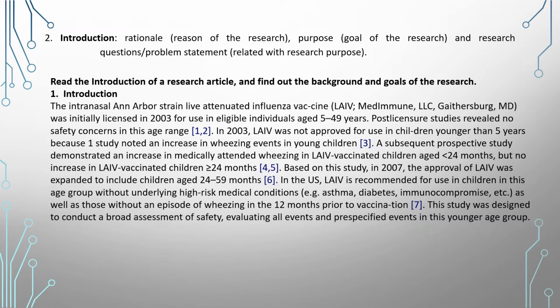Based on this study, in 2007 the approval of LAIV was expanded to include children aged 24 to 59 months. In the US, LAIV is recommended for use in children in this age group without underlying high-risk medical conditions, for example asthma, diabetes, immunocompromised, etc., as well as those without an episode of wheezing in the 12 months prior to vaccination.